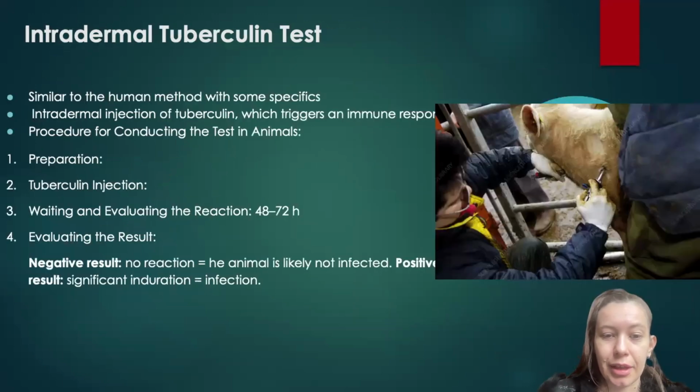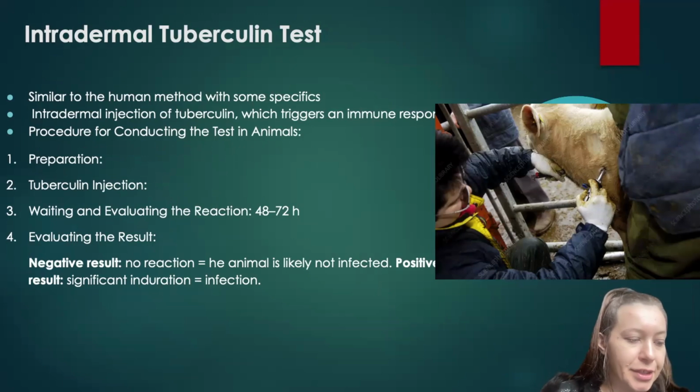One of the most common methods is the intradermal tuberculin test. This method is somewhat similar to the human method, but of course it has some modifications related to the species and their physiology.